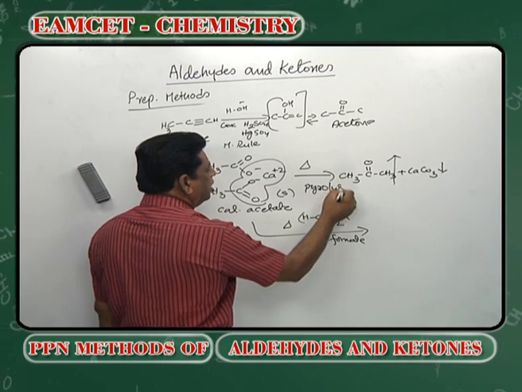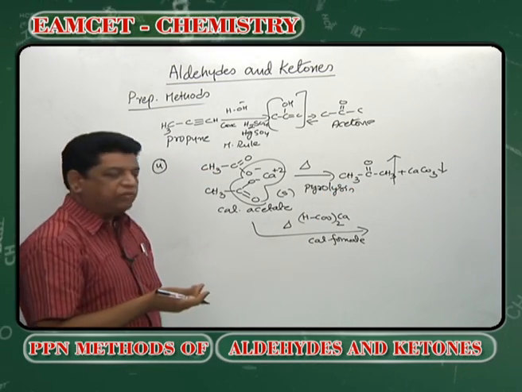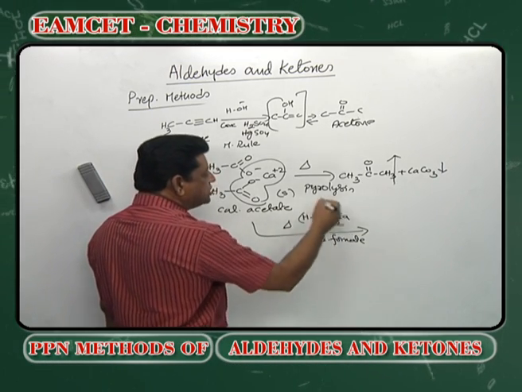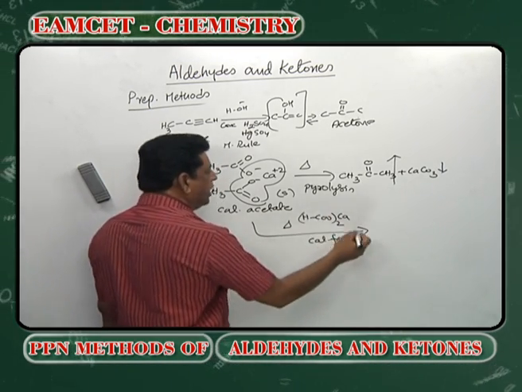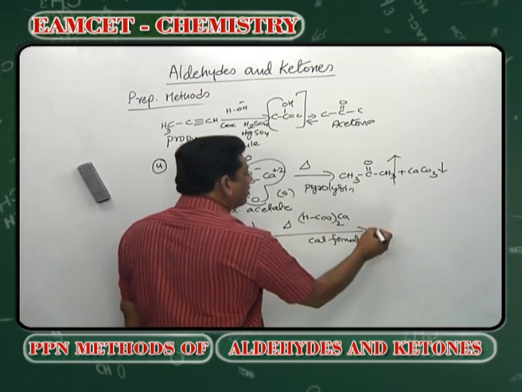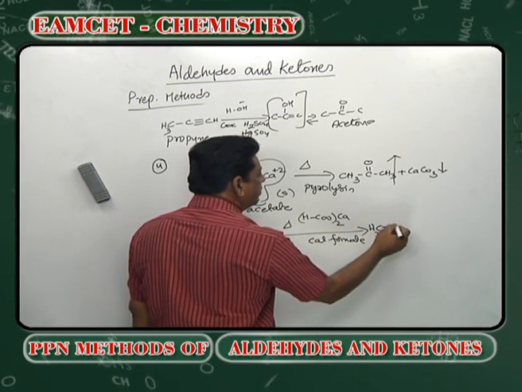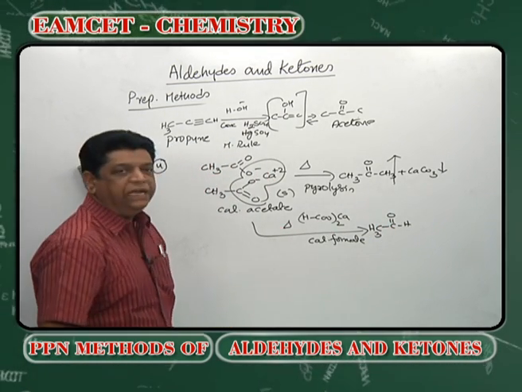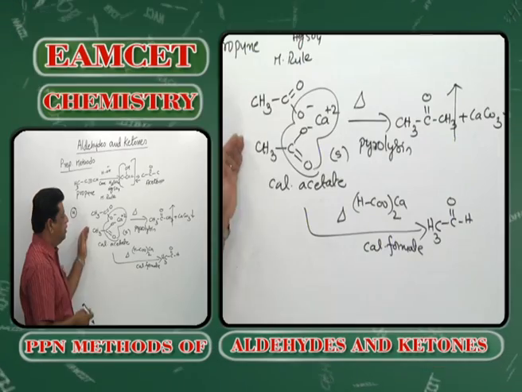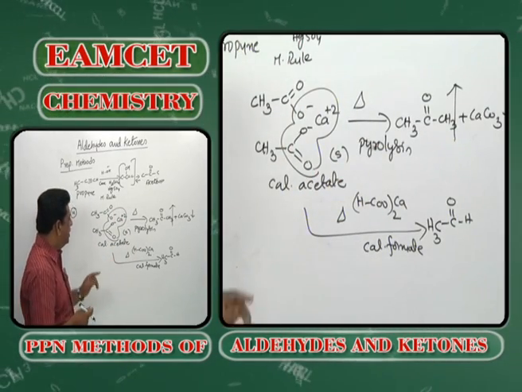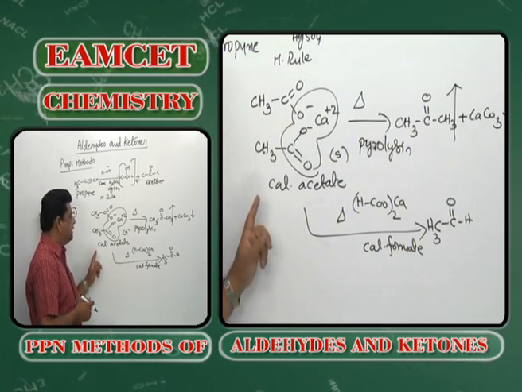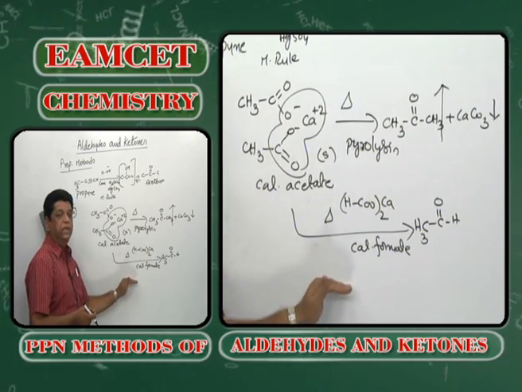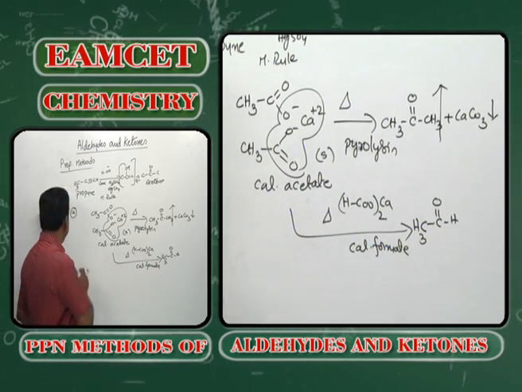Pyrolysis of calcium acetate alone will give acetone. Pyrolysis with calcium formate, which works as a reducing agent, will give acetaldehyde. So this method gives acetone as well as acetaldehyde, but remember, calcium acetate alone on pyrolysis gives acetone, while calcium acetate plus calcium formate together gives the aldehyde.